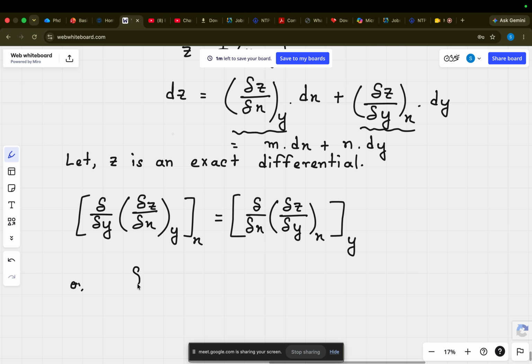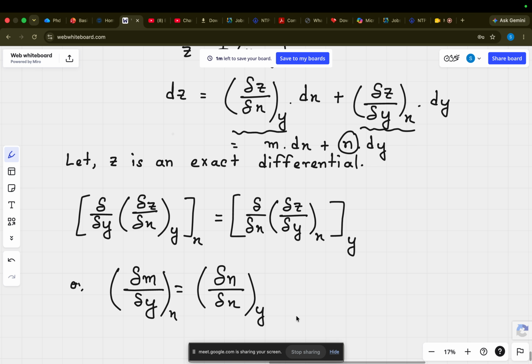So I will get del m by del y is equal to, del z by del y at constant x, which I am assuming n, so I can write del n by del x. Right? Yes, sir. And what are the constants we have? Here constant is your x and y, and here the constant is your y.